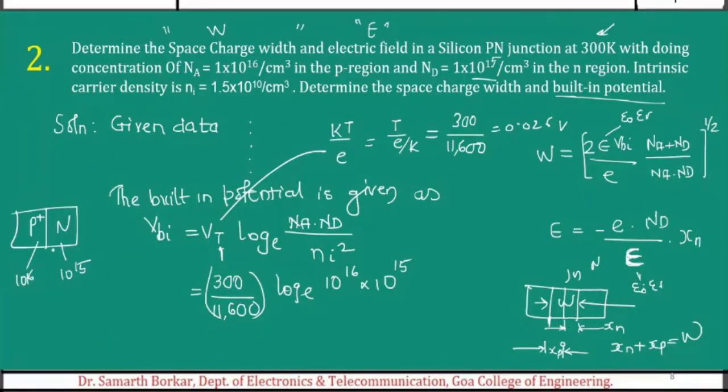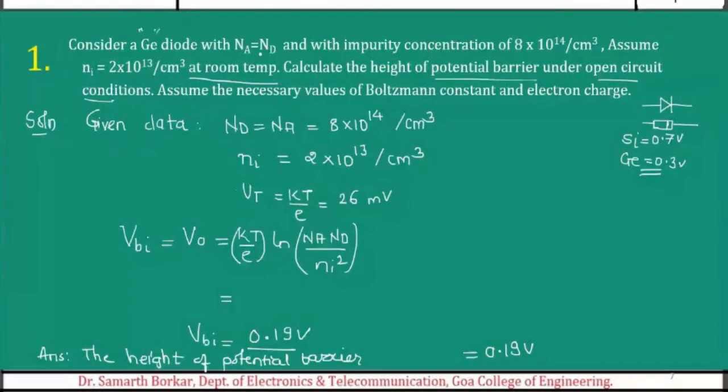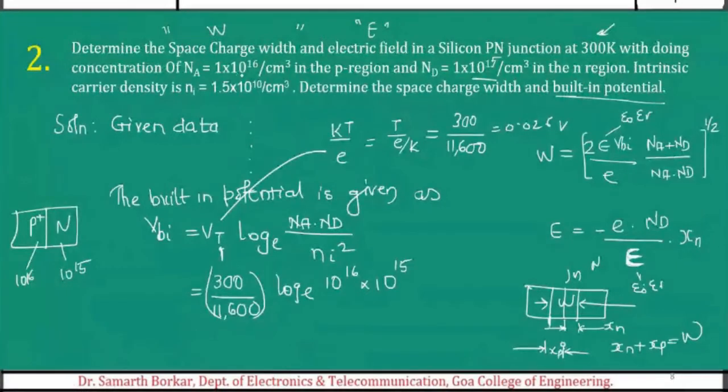Now why are we having this? On one side we have higher concentration, because you can get better electrical parameters out of it, better conductivity and so on. If it was just P and N, then as in the previous case, NA equals ND. When I say NA is 10 to the power 16 and ND is 10 to the power 15, the concentration of holes is 10 times more than the number of electrons.